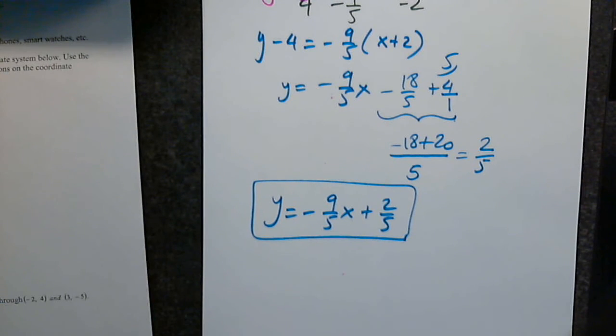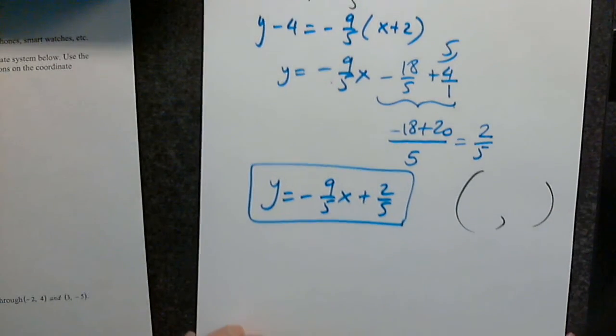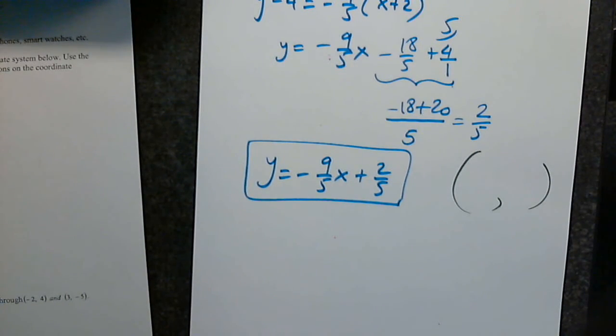Can anyone give us the y-intercept in an ordered pair format? Anyone?